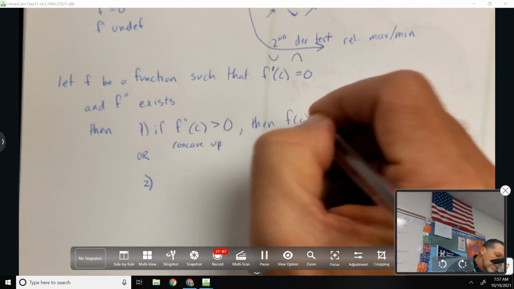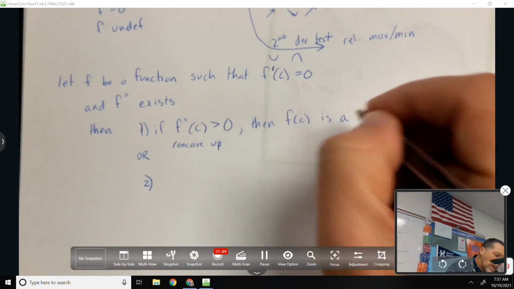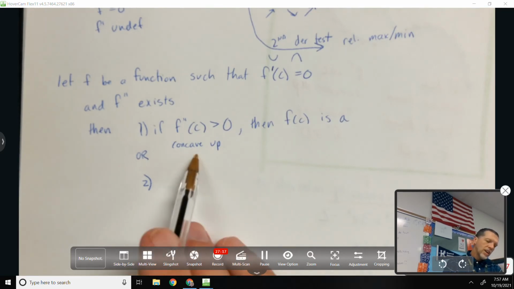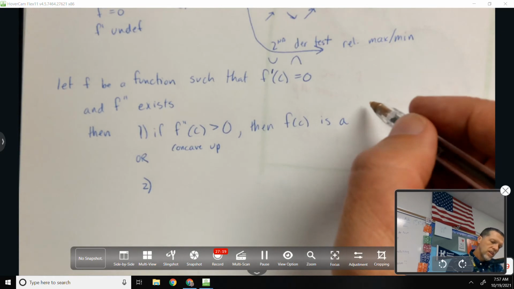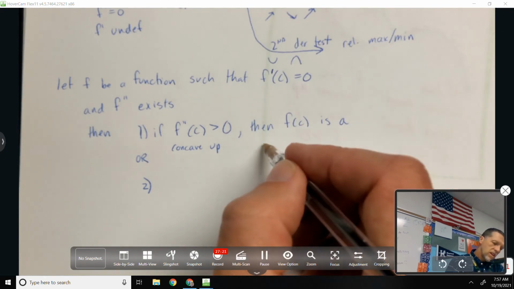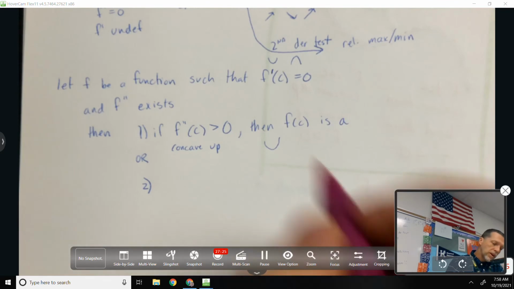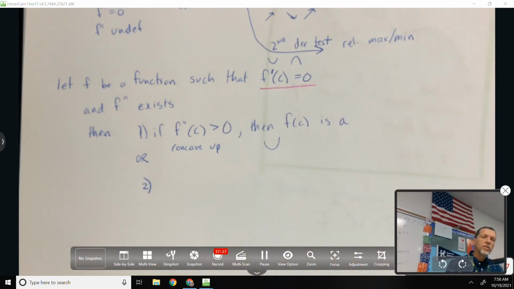Then f of c is a... Alright, well, let's draw a picture of something that is concave up, but we also want the spot where the derivative is 0, so where there's a horizontal tangent line.